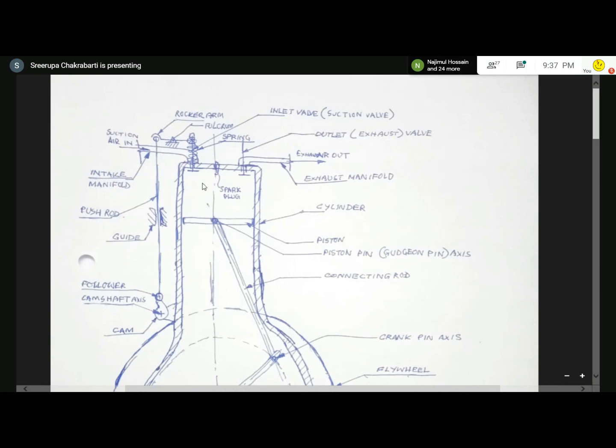Corresponding to that, the actual mass of the gas will be less than the mass corresponding to the swept volume or the stroke volume. Had the gas been able to occupy the entire stroke volume, we could have got a larger mass of gas entering the cylinder, but the actual mass of gas entering is much less.